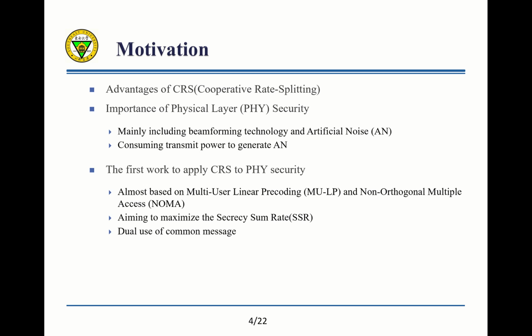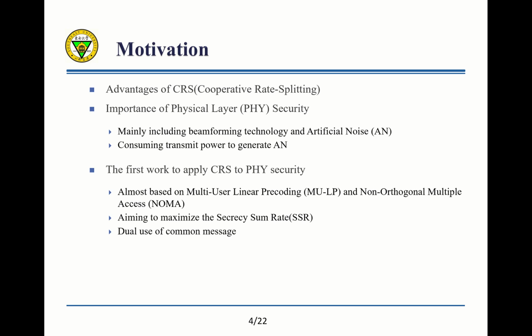Due to the broadcast characteristics of wireless communication, data transmission between devices is easily exposed to eavesdroppers, which poses a challenge to secure transmission. Existing physical layer security transmission technologies mainly include beamforming technology and artificial noise design.